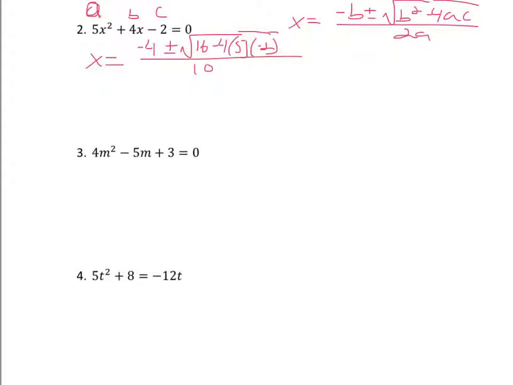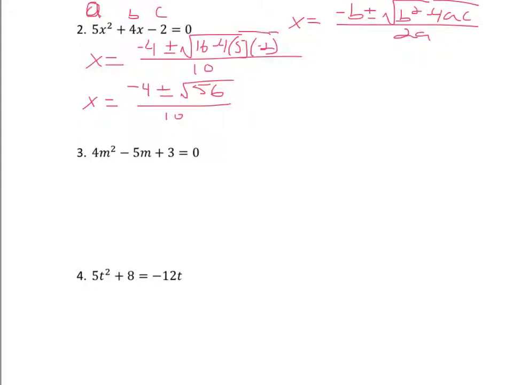Okay, so now we just got to simplify as much as we can. X equals negative 4 plus or minus the square root of 16 minus, we've got plus 40, is root 56, all over 10. All right, you got to check to see if you can pull out anything.